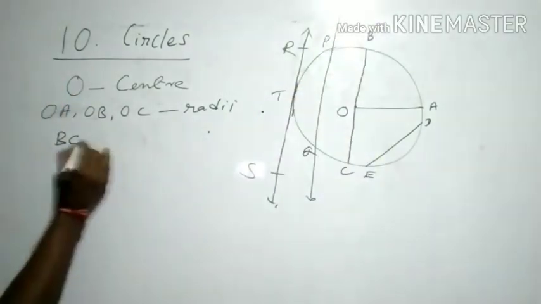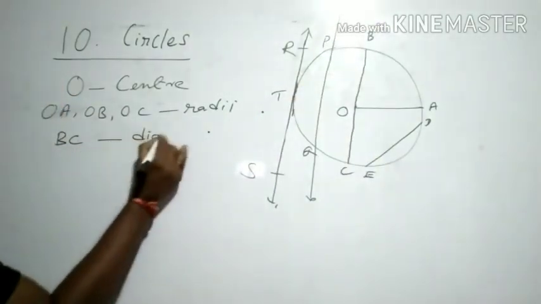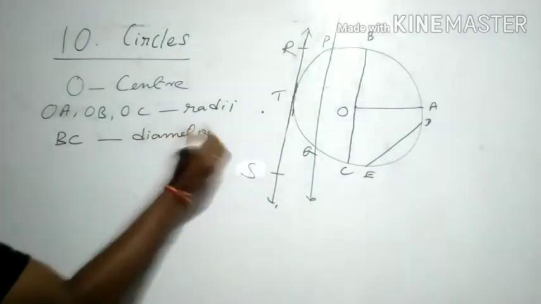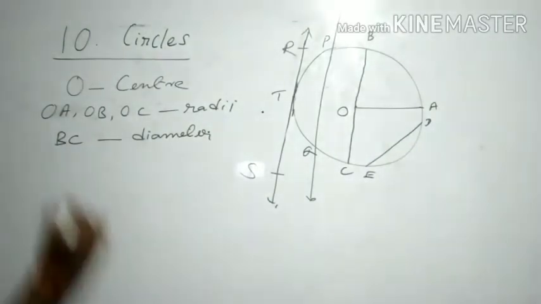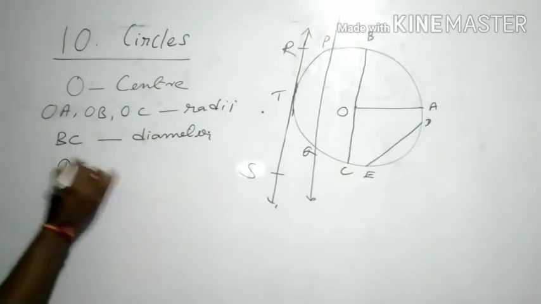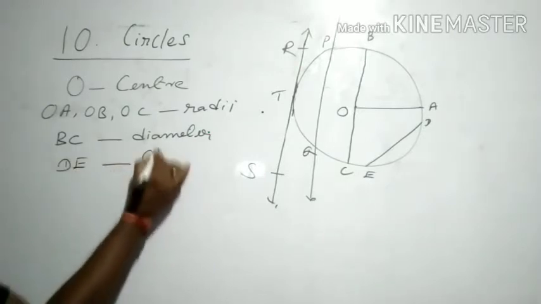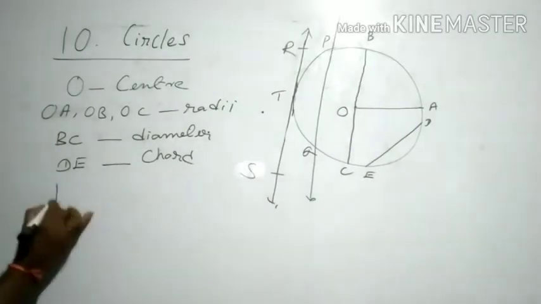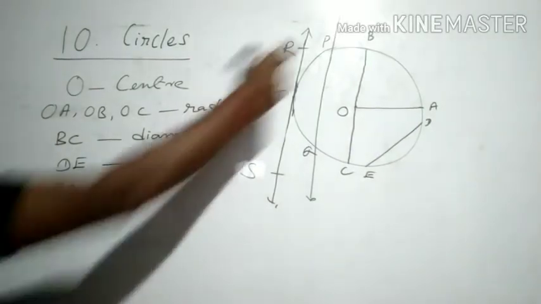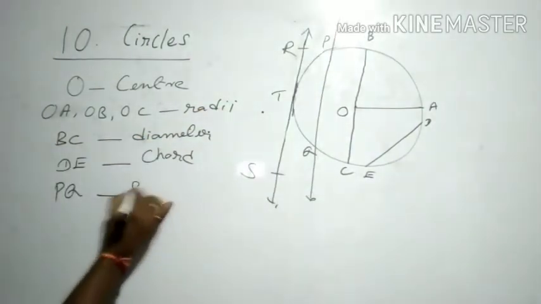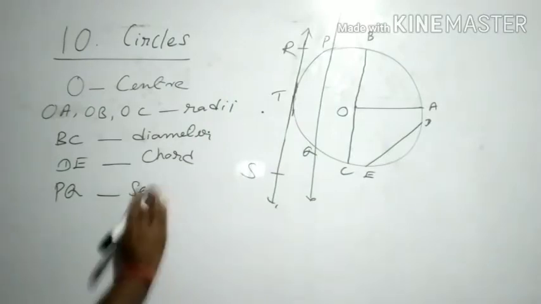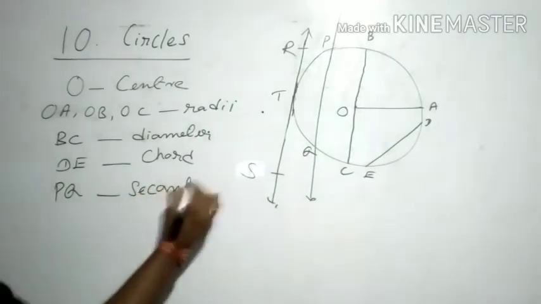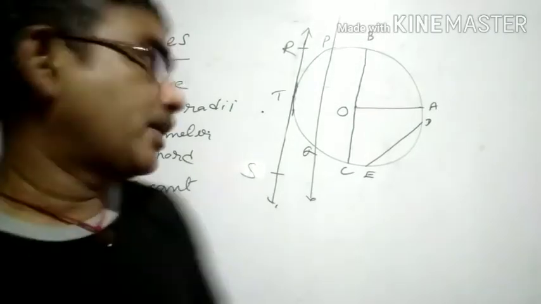The line which is passing through the center is a diameter, or we can say the longest chord of a circle. DE we will call a chord. And PQ will be called a secant. A secant is a line which is intersecting a circle at 2 points.